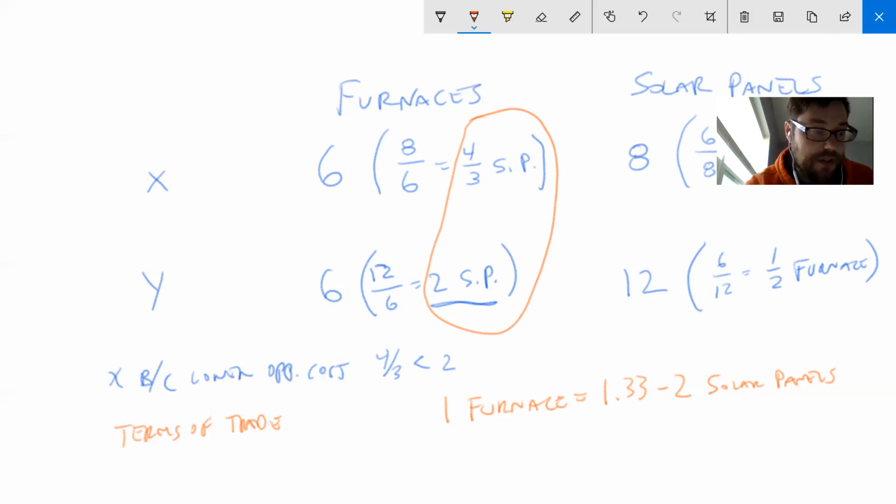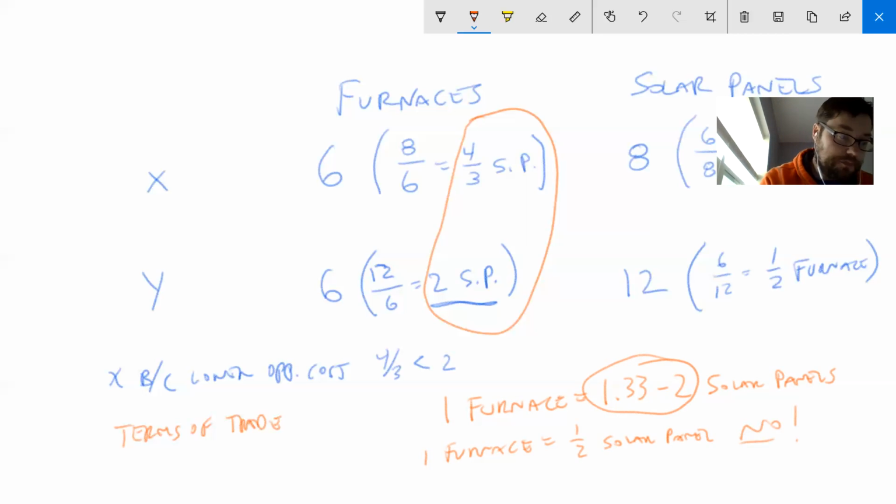So what they gave us is that one furnace equals 1/2 of a solar panel. So is 1/2 somewhere in between this range? Well, no, it's not. It's outside that range, right?